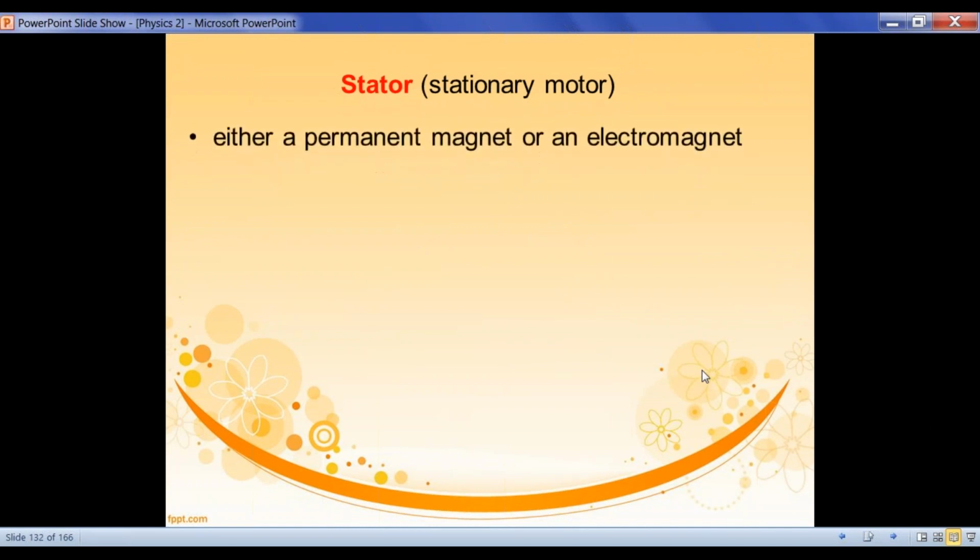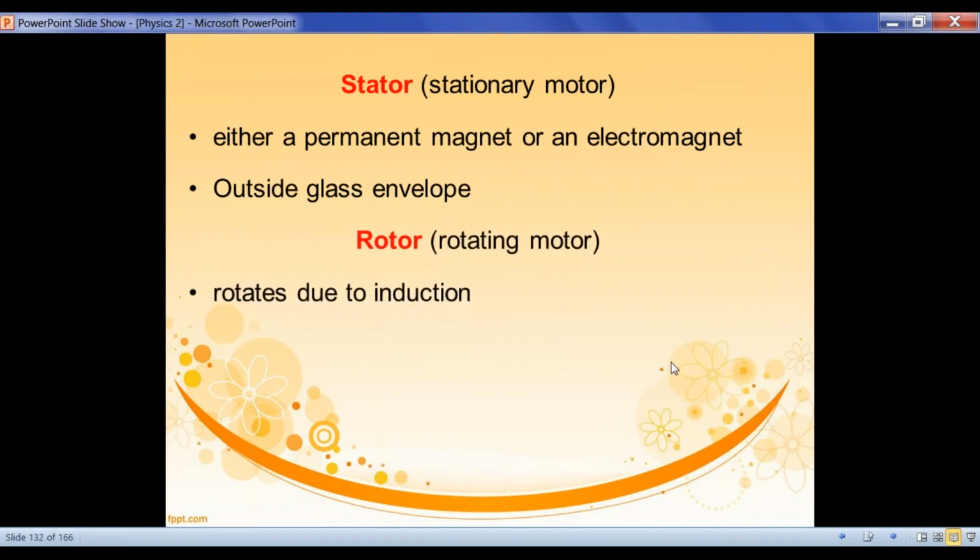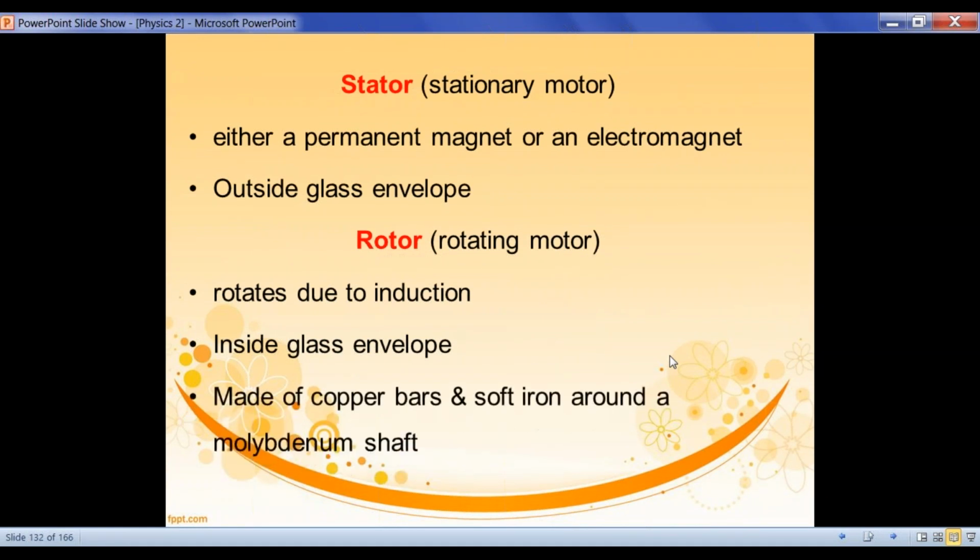So, ito na po sinabi ko, stator, permanent magnet, or pwede din siyang electromagnet outside the glass envelope. Yung rotor natin rotates due to induction and is found inside the glass envelope. So, kung ang stator natin is made of permanent magnet or an electromagnet, yung rotor po natin is made of conductors, like copper bars, soft iron, and yung shaft po niya or yung neck connecting the rotor to the anode is made of molybdenum.